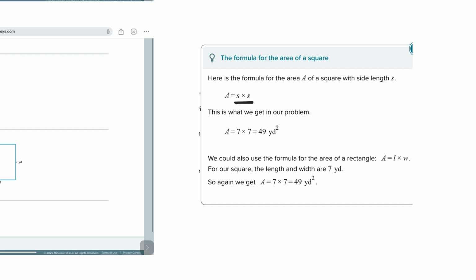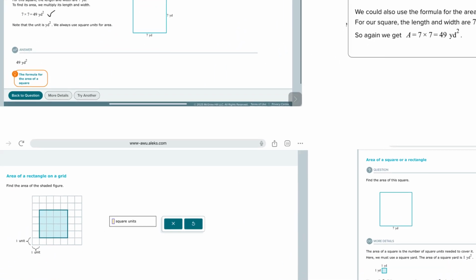We usually write equals side squared. Okay, and then you can see it right here. And then for a rectangle, it's length times width, and you probably remember that. But with a rectangle, one side is going to be shorter than the other.